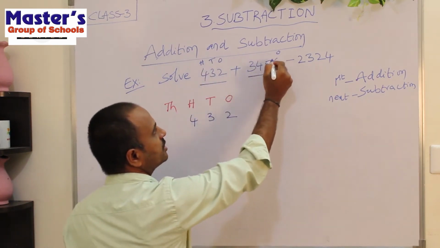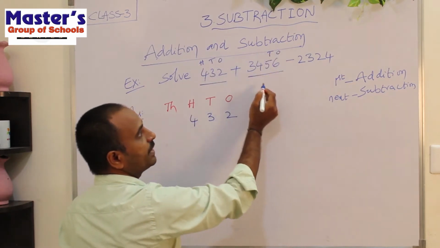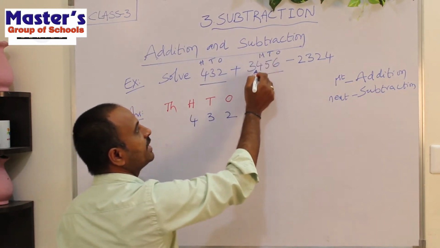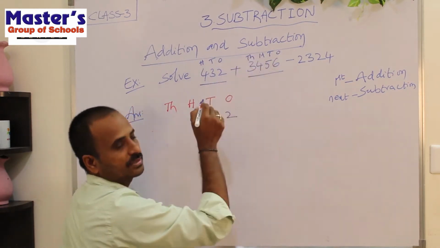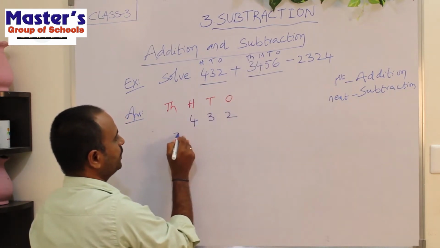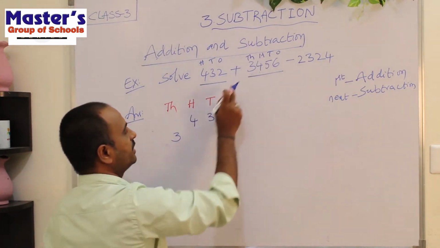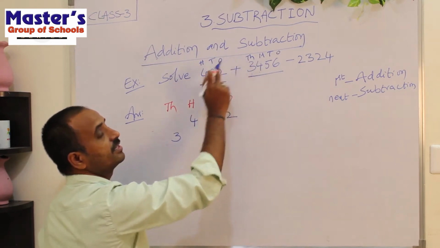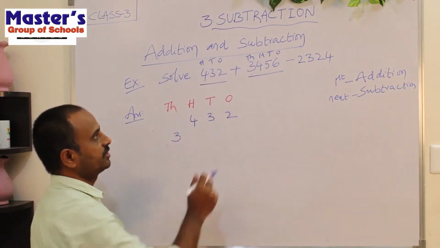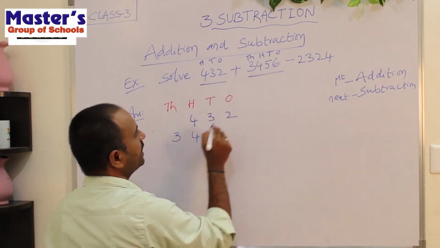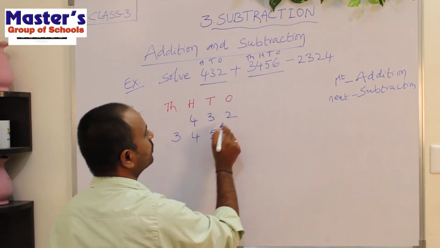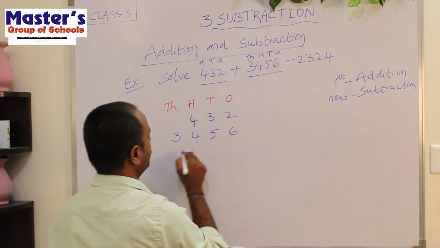Here 6 is in ones place, 5 is in tens place, 4 is in hundreds place, 3 is in thousands place. So write 3 in thousands place. Next write 4 in hundreds place, write 5 in tens place, write 6 in ones place.